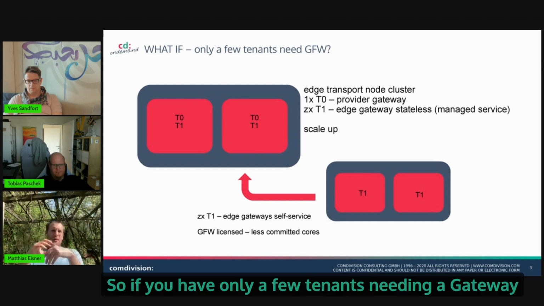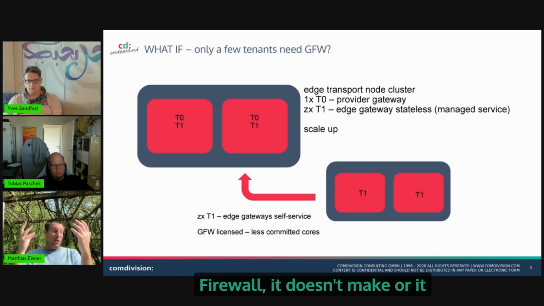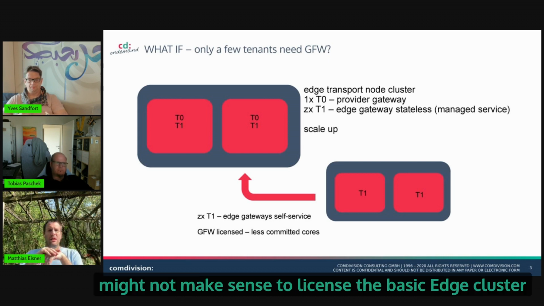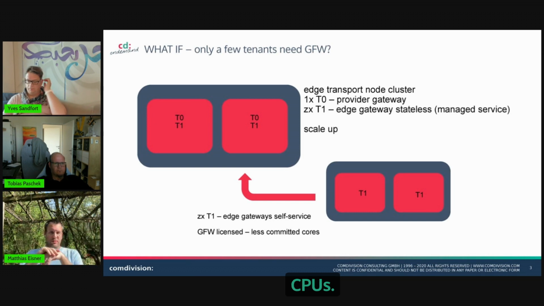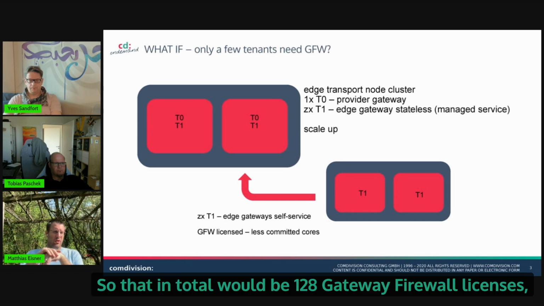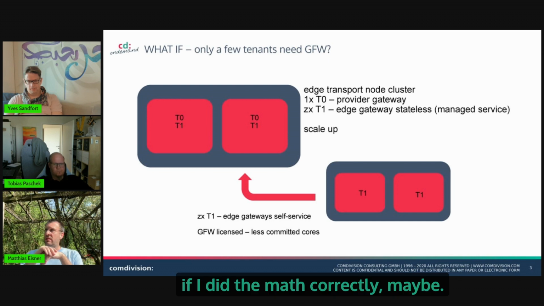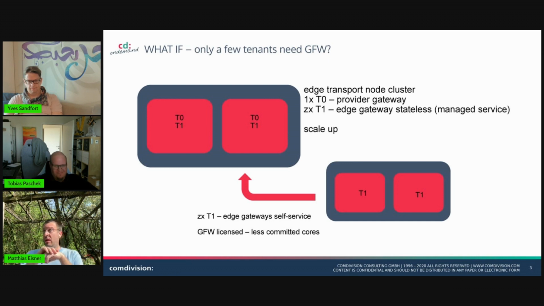So if you have only a few tenants needing a gateway firewall, it might not make sense to license the basic edge cluster with 2 times 8 virtual CPUs, so that in total would be 128 Gateway Firewall licenses, if I did the math correctly, maybe. Or it's just 64.